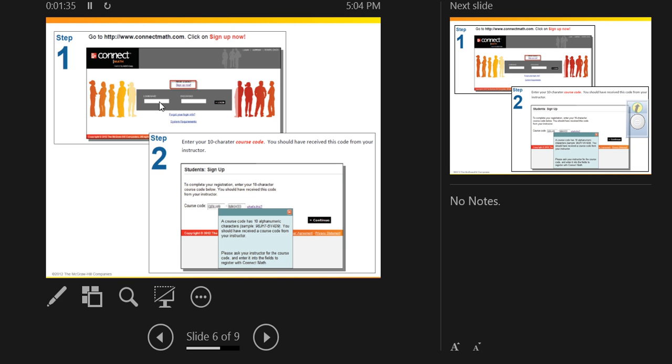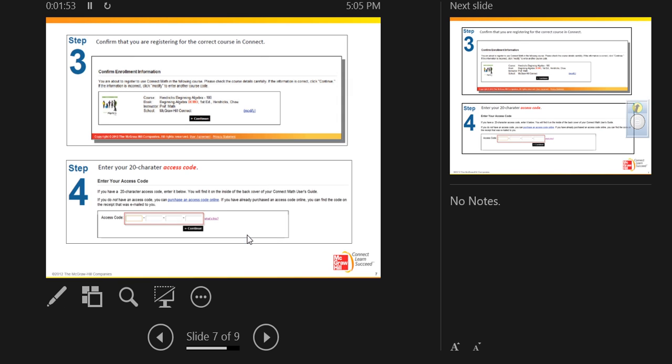It's right above the username and password. You'll sign up now. It'll bring you to this next place, where you'll put your course code in. Your course code has 2 little spots there. At this point, it'll bring you in and say, oh, so this is the course you're looking for, and you'll click Continue. Step number 4 is they'll ask you for your access code. If you don't have an access code and you're just waiting to go ahead and purchase one right now for $100, you click on the Purchase an Access Code online.